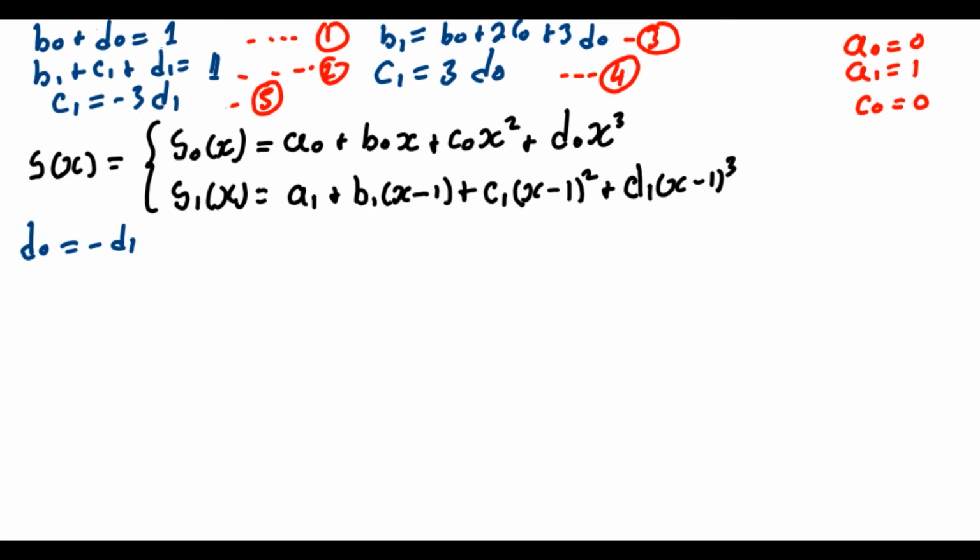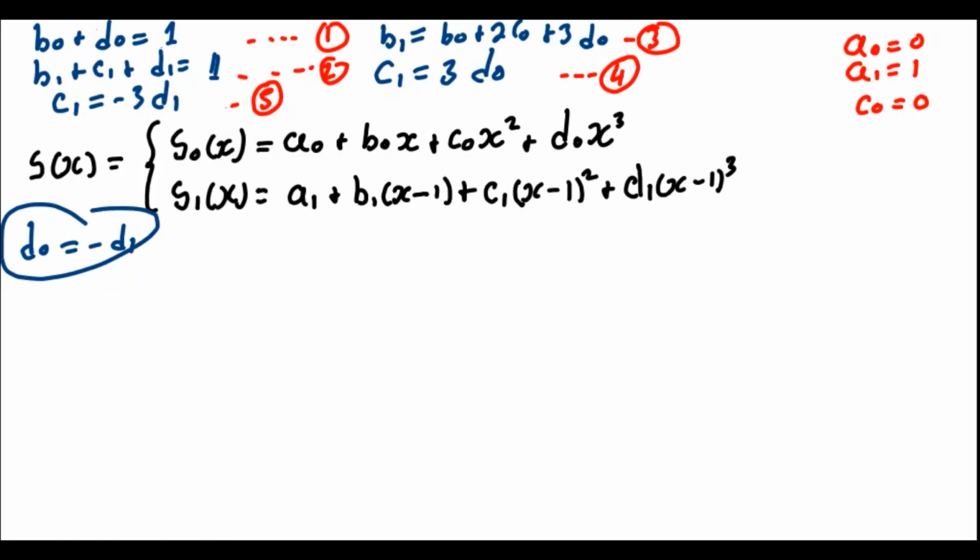Let me see. Actually, for simplicity I'm going to save this one for now. Actually, what I'm going to do is get equation 5, and then I'm going to substitute it in equation 2. So instead of substituting this one, I'm going to use equation 5.